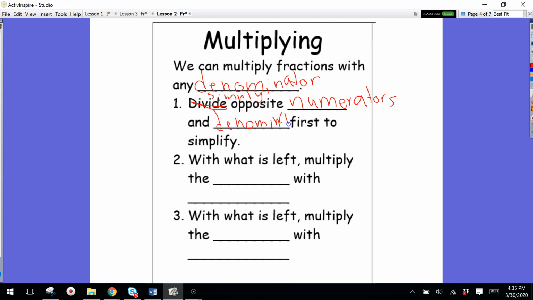And I'll explain that in the next example, but just write this down in your notes for a second. With what is left, you multiply the numerator with the numerator, and the denominator with the denominator.